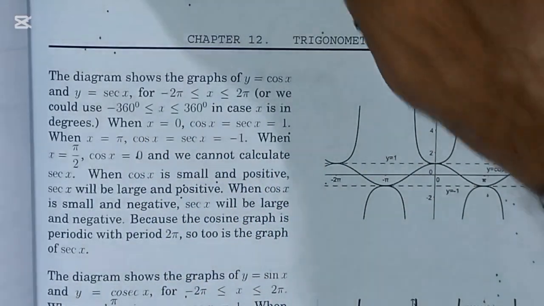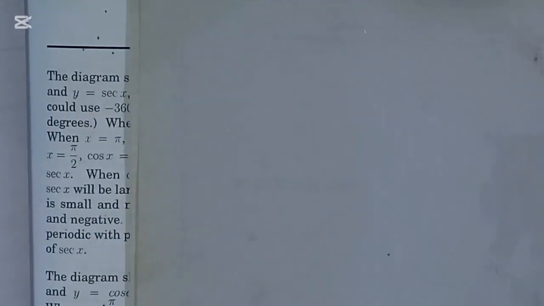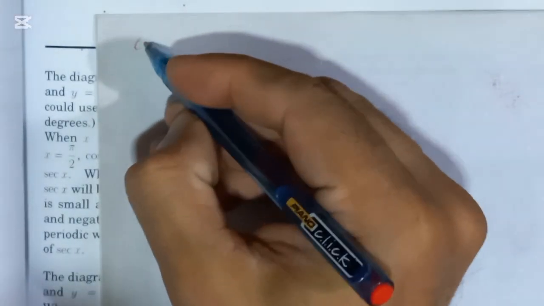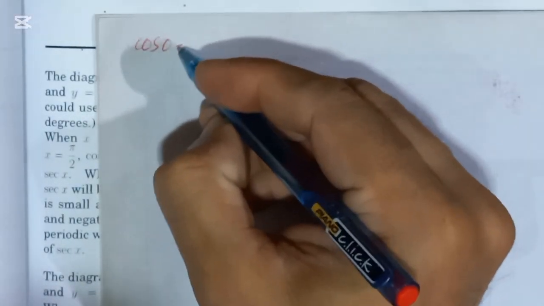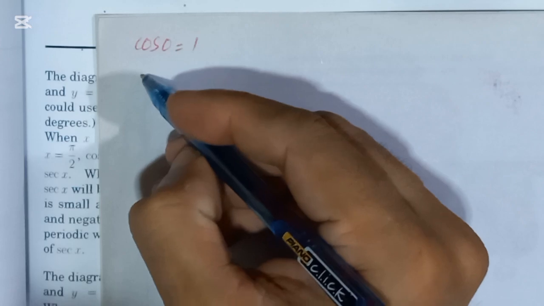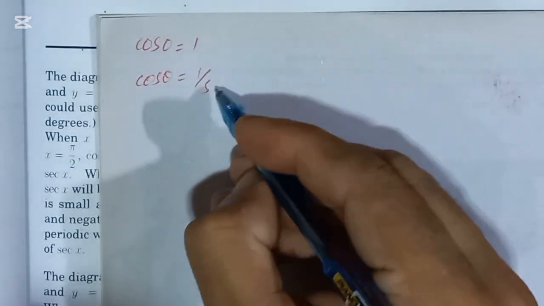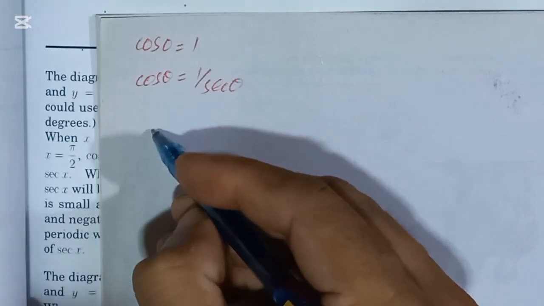So cos 0 is 1, because cos theta is equal to 1 over secant theta.